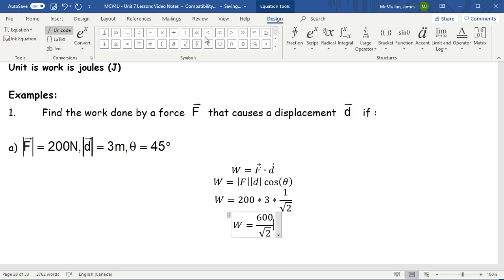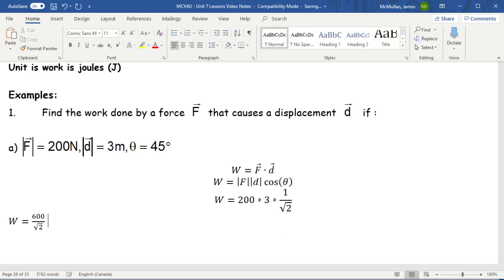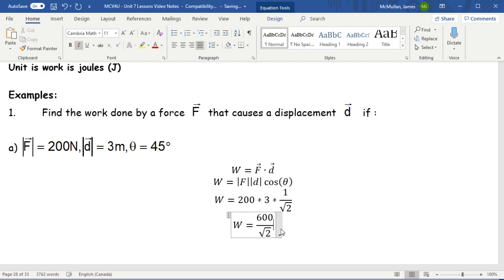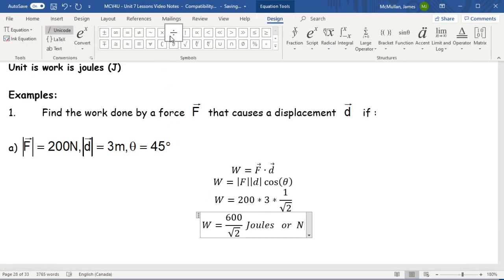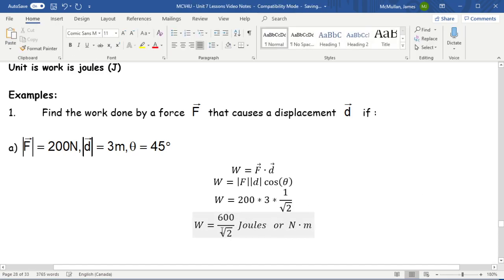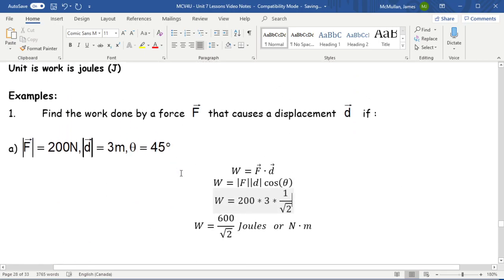You can rationalize it if you want. You don't have to. Work done by a force, and we just make sure you give a unit in your answer. Joules, or you can say Newton meters. Either one is acceptable, or just a capital J for joules is also fine. Okay, so that's it. Very simple.